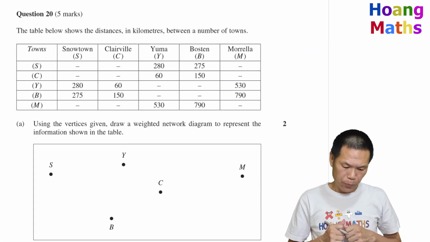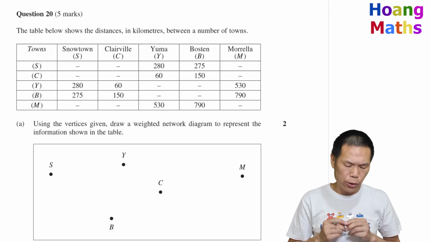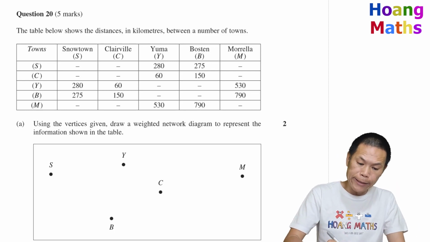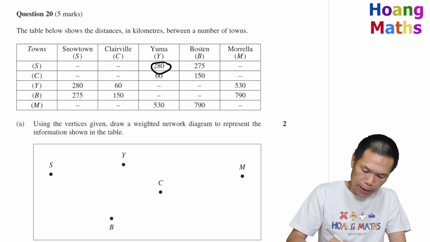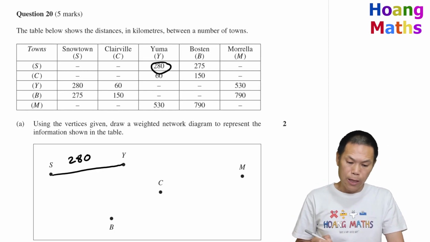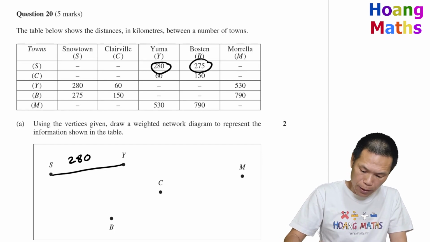Question 20. We need to complete the weighted network using the table above. First of all, we look at S. S to Y is 280. And then S to B is 275.